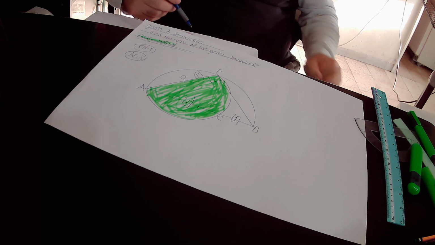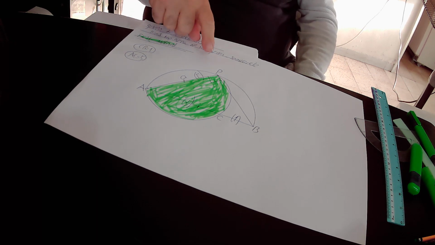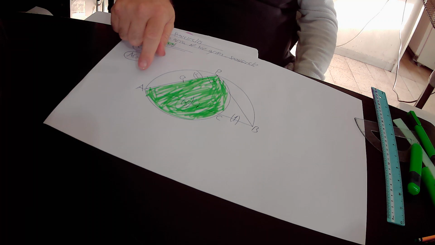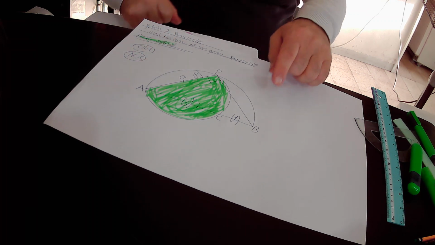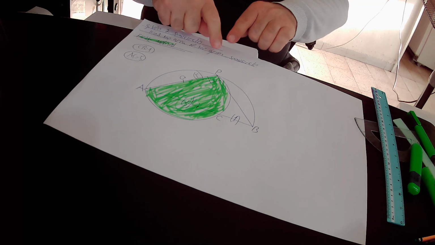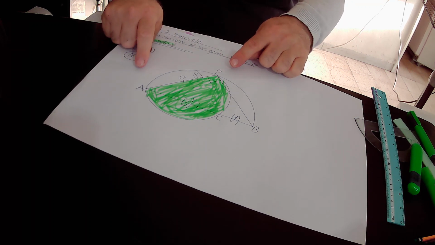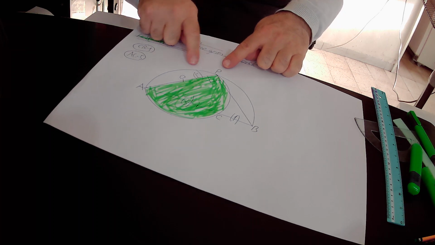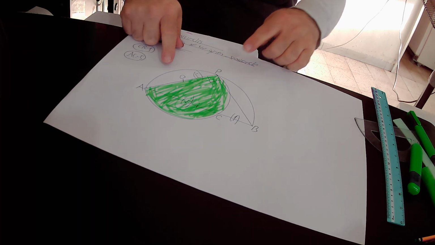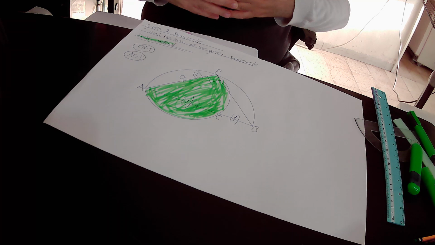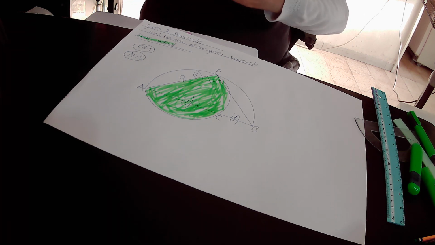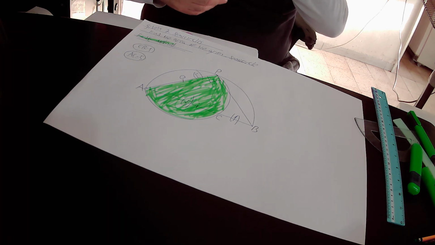Why? Because of the fact that PO is part of PA and BP is perpendicular to PA, BP must also be perpendicular to PO, that is part of PA. Because if a straight line is perpendicular to another straight line, then it must also be perpendicular to any part of that straight line.